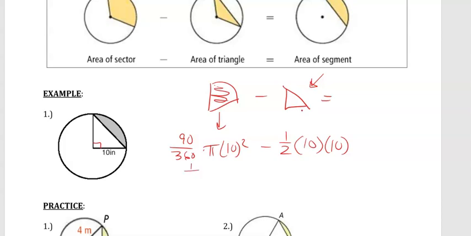So that reduces to 1/4 of 100 minus 50. And that gives us 25 pi minus 50. Are we able to combine those things? Are they like terms? Nope.